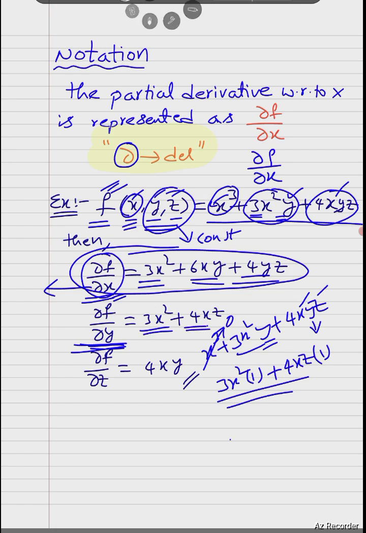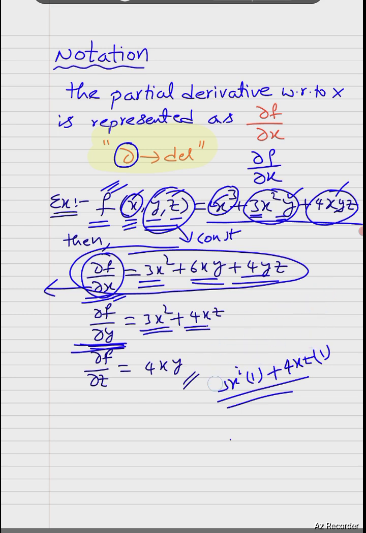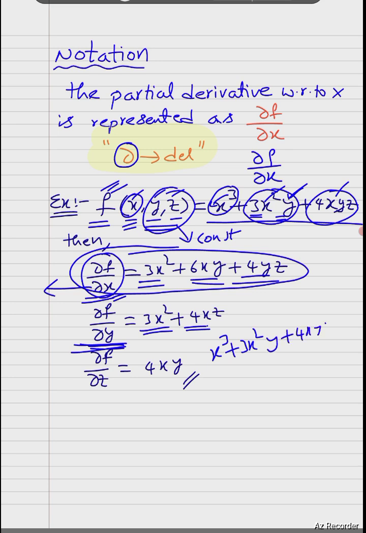Now finally we do the partial derivative of the given function with respect to z. When we are doing with respect to z, the other variables x and y are treated as constants. In this function, x cube plus 3x square y plus 4xyz, since we are doing with z, x and y are constant.